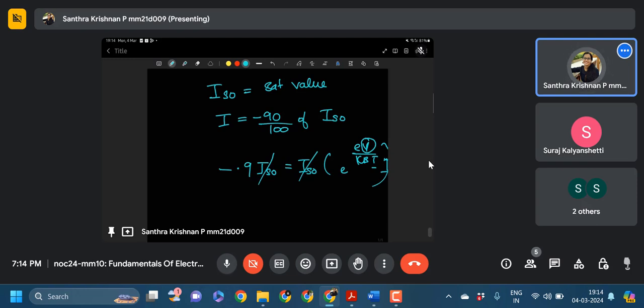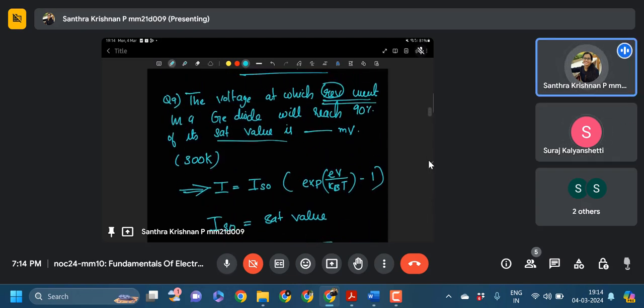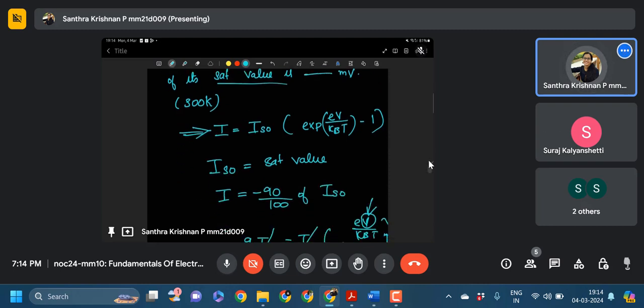Can you just try that? They have asked the voltage at which the reverse current in a Ge diode will reach 90 percent of its saturation value.